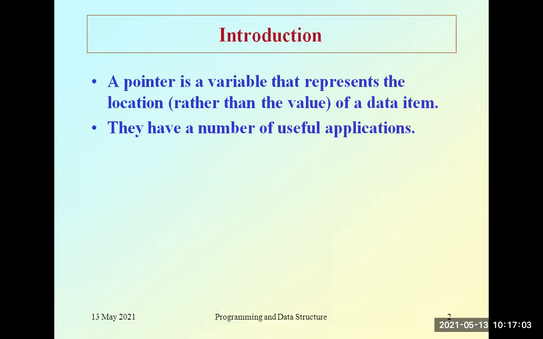A pointer is a variable that holds a memory address. So this address is the location of another object in the memory. Pointer as an address indicates where to find an object. That object is stored in some address.